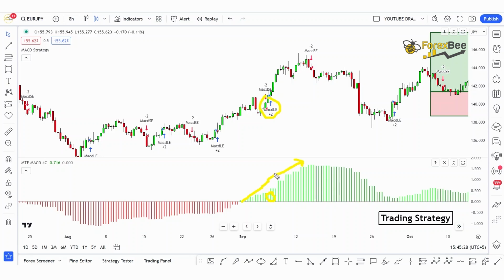As the prices diverge from our zero line and move to the top, we can exit our trade here. Following this exit, we can see that prices are converging and moving toward the zero line. So in the chart, this is our entry point and this is our exit point. This entry and exit is based on convergence and divergence of prices.